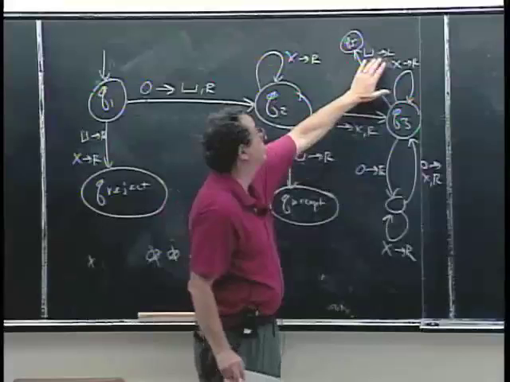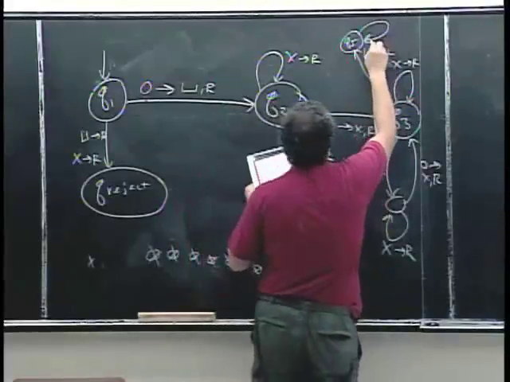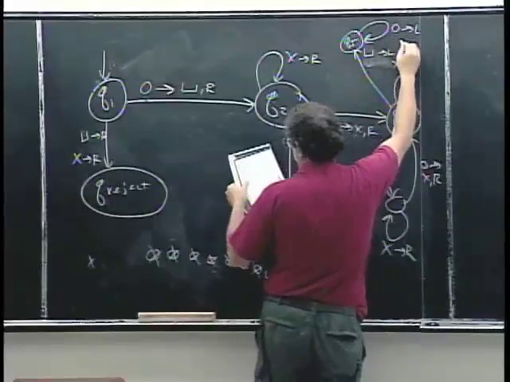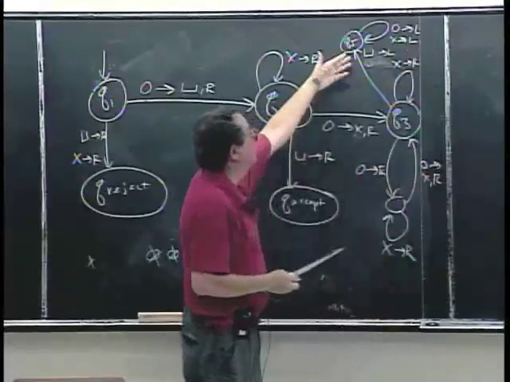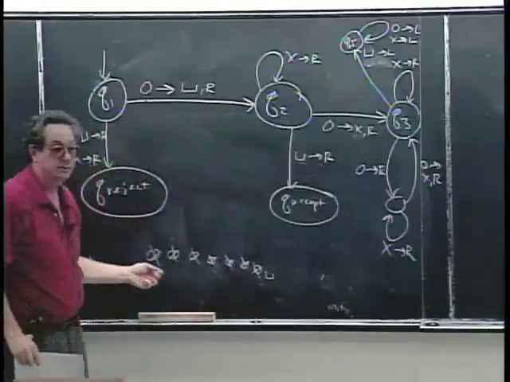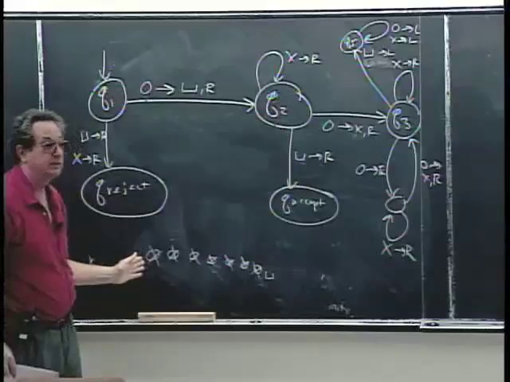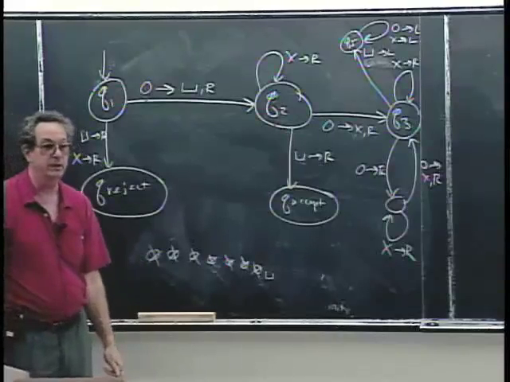So here's your first move to the left, and then we'll have here 0, you go left, X, you go left. So this is just the part of the control that's going back. It was at the right end. It's zipping all the way back to the left end. How does it know when it gets to the left end?